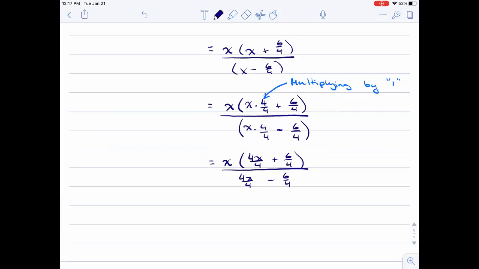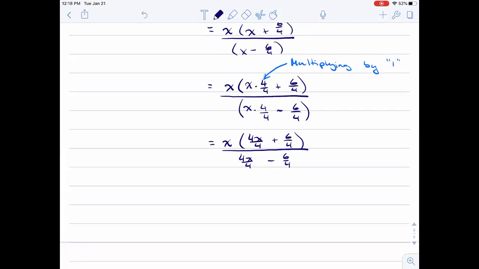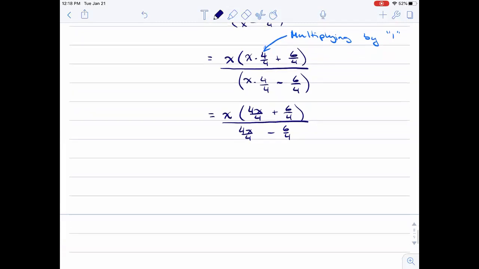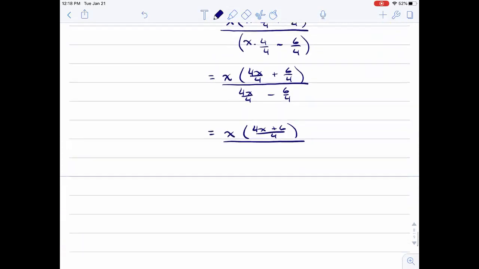I forgot I had this as a plus, but it's actually minus. Now that I've got that common denominator, I'm allowed to go ahead and combine these terms. So I've got x times 4x plus 6 all over 4, divided by 4x minus 6 all over 4.